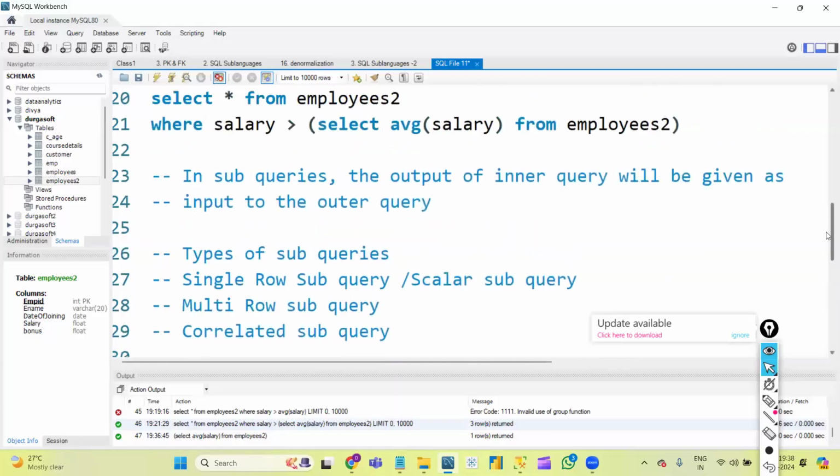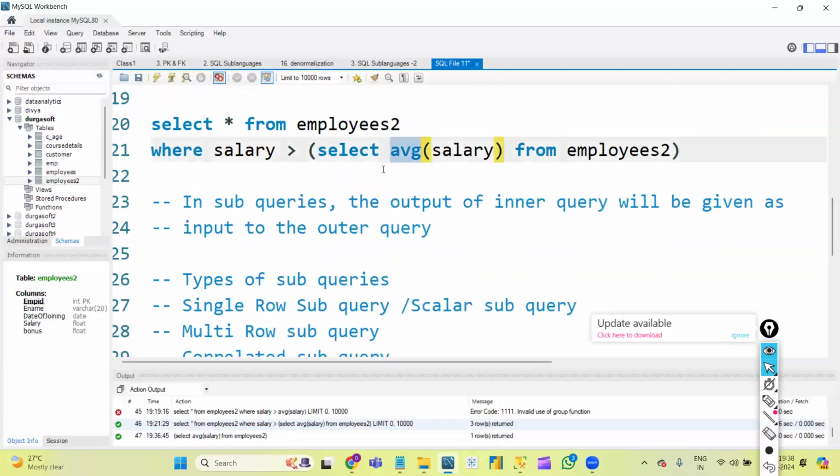I'm repeating: whenever I use aggregate functions in a subquery, I'm talking about the inner query here, this subquery is called a single row subquery. Am I clear? Here we used average. The inner query is called a subquery, and its output is displaying a single value only.